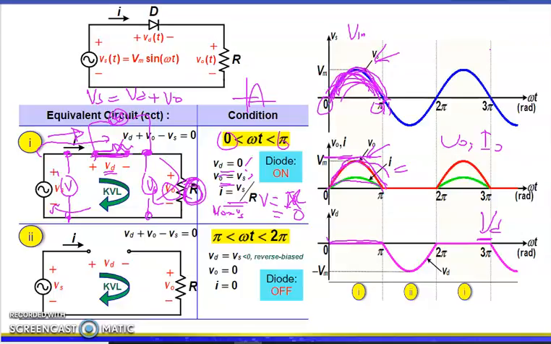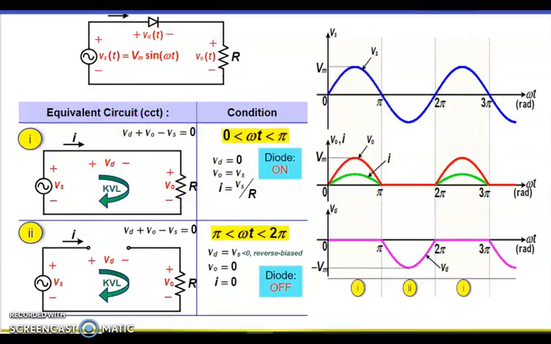Next is phase 2, which is the negative cycle. For the negative cycle, you have to redraw this circuit again, because this circuit has a bit of a mistake here. When the negative cycle takes place, Vs is no longer in positive mode but in negative mode.